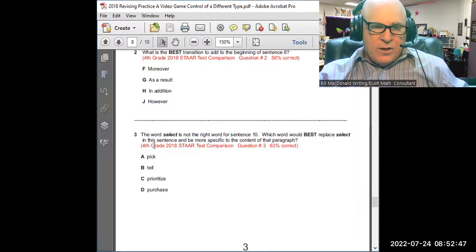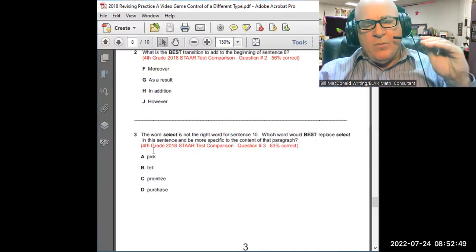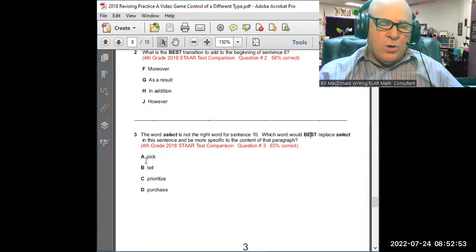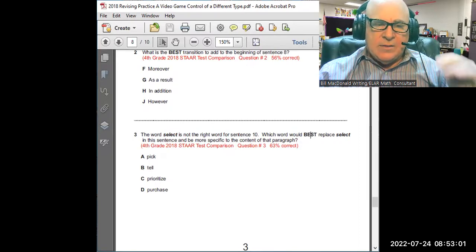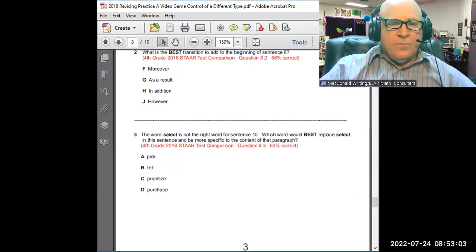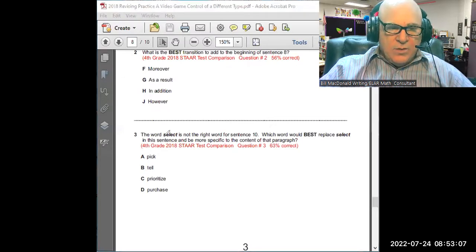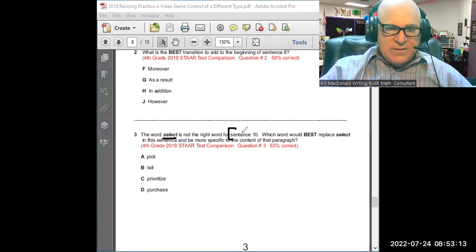Number 3, where you start at the bottom, where they're only asking you a question about 1 word. Read, underline, label, eliminate 3, explain, and select 1. So when we begin, the word select is not the right word for sentence 10.